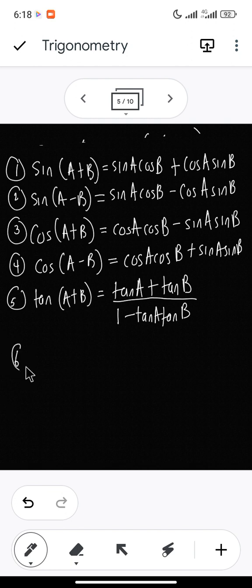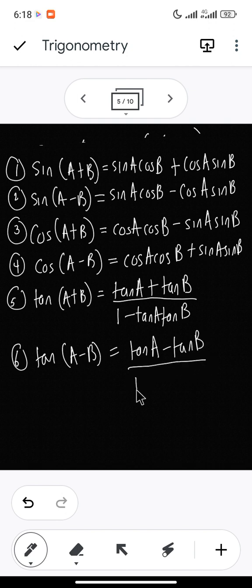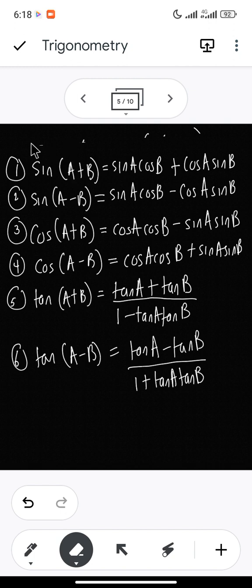So the sixth formula is tan A minus B gives you tan A minus tan B over 1 plus tan A tan B. Please take note of the symbols. Don't mess it up, as if you mess it up, all your solving will be wrong. Understand?